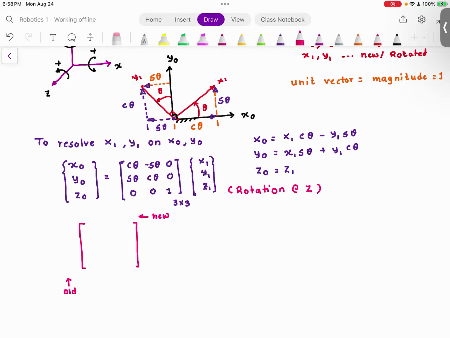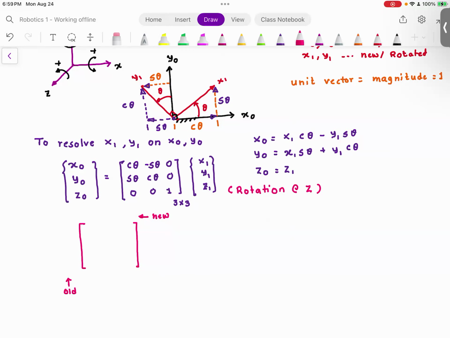For example, in this problem, you are going from the 0th frame x0, y0, z0 to the first frame x1, y1, z1. So x0, y0, z0 is your old frame, and x1, y1, z1 is your new frame.